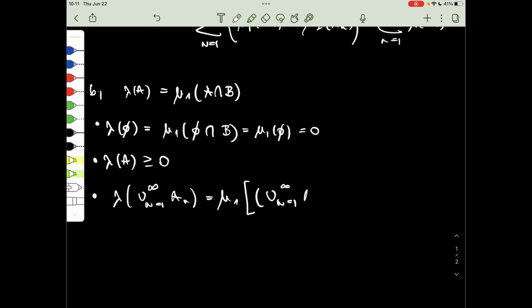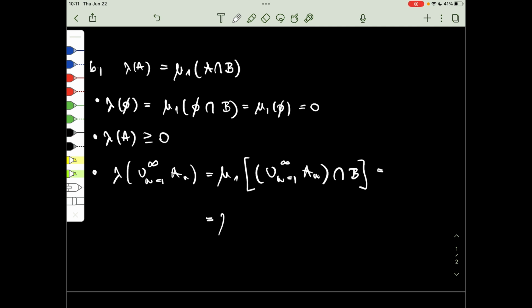Yeah, this is what we do. Here we have an intersection, and let's use the fact that this intersection can be described as a union of intersections.